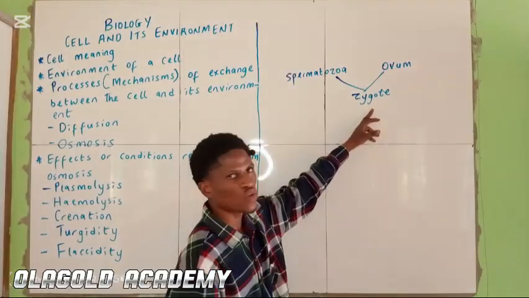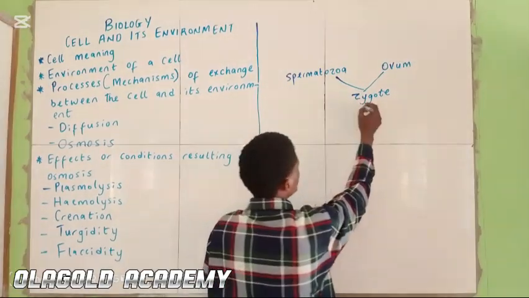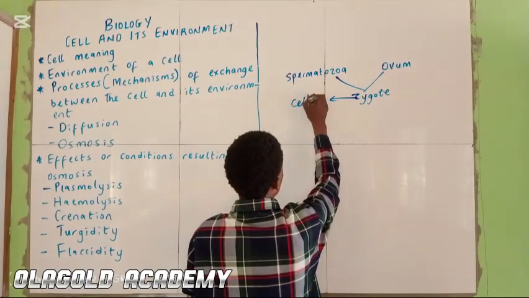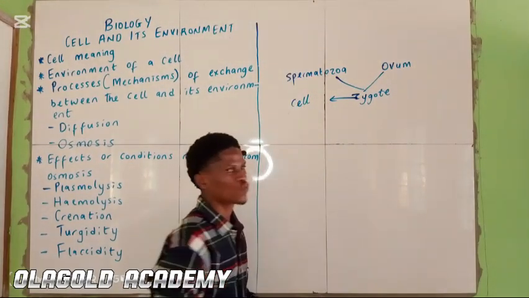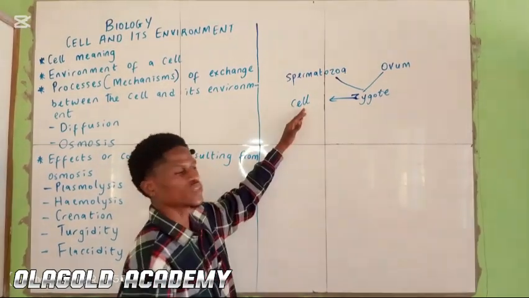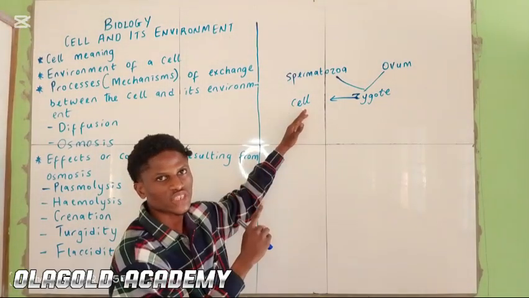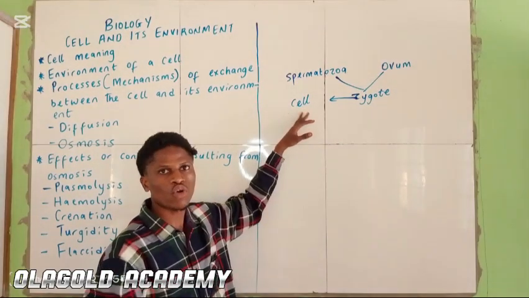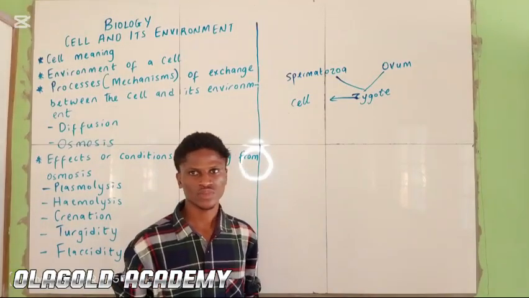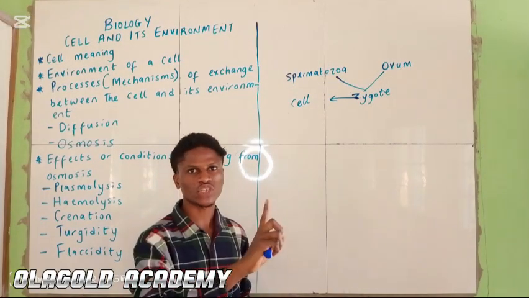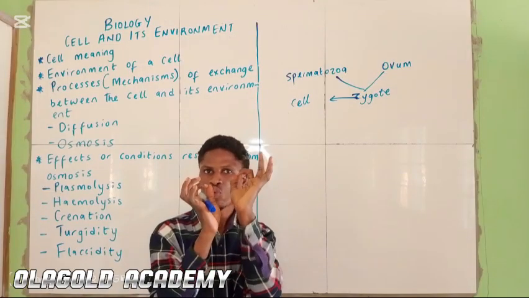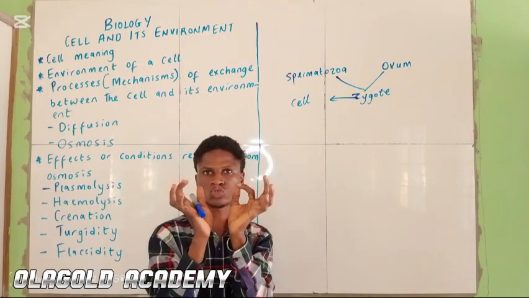So from this zygote, which is a cell, we have the single fertilized cell undergoing what we call cell differentiation. It means that one cell becomes two, and those two, one becomes two, that one becomes two.